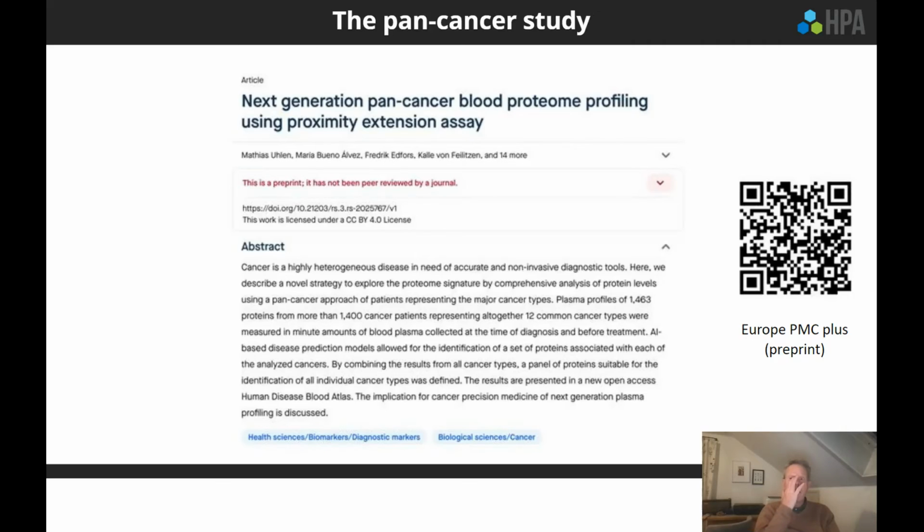So you will then be able to compare the protein profiles in this cancer with the protein profiles of obese people, of people with infectious diseases, or even neurodegenerative diseases.